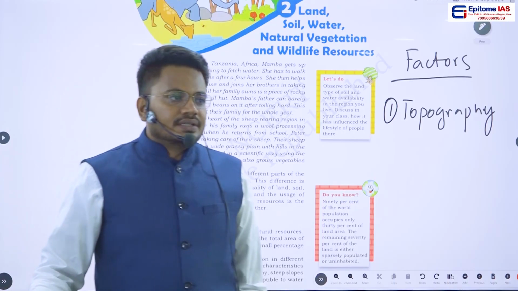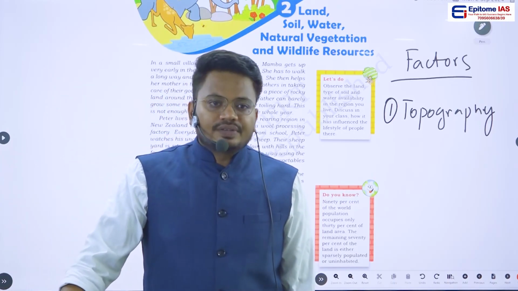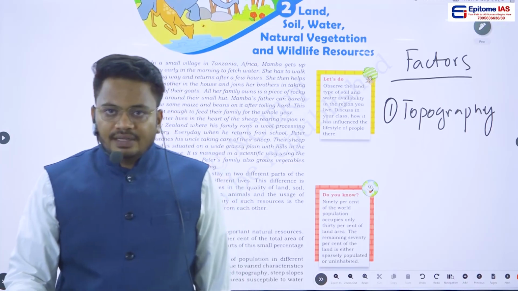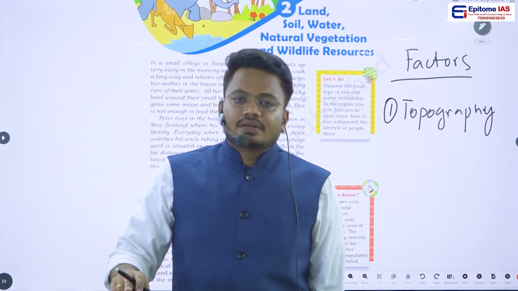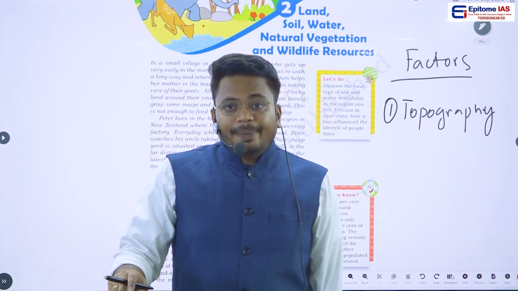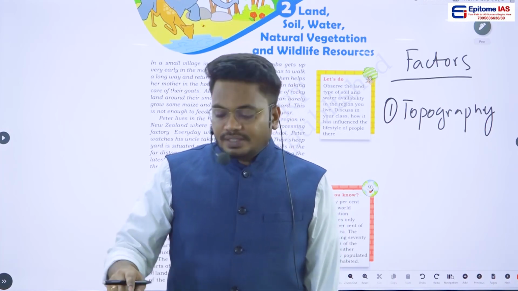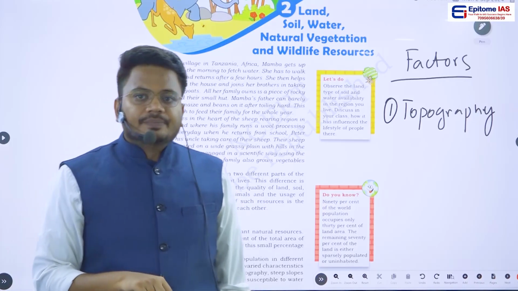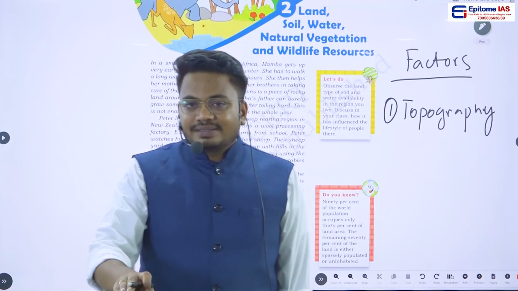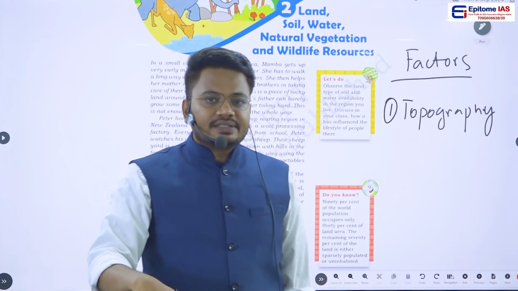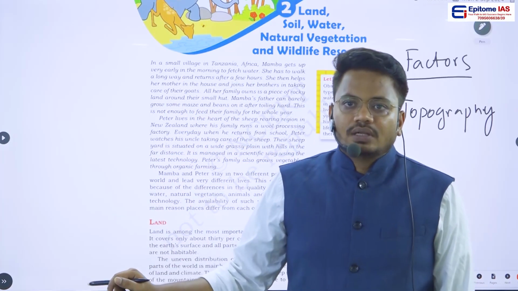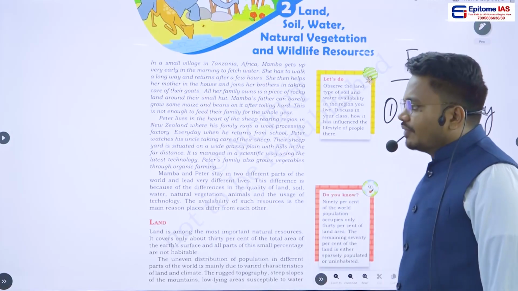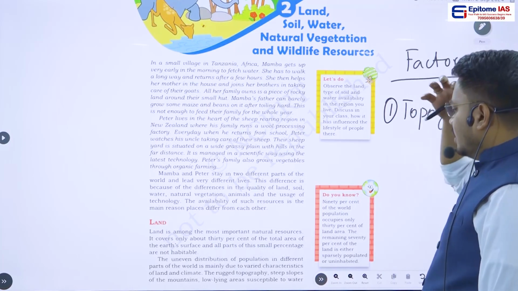If you see the topography of plains, obviously plains are more suitable lands for population and more suitable for development. When compared to mountains, population in plain areas will be very high. On the steep slopes of the mountains, you cannot see that much settlement. So the important factor is topography.